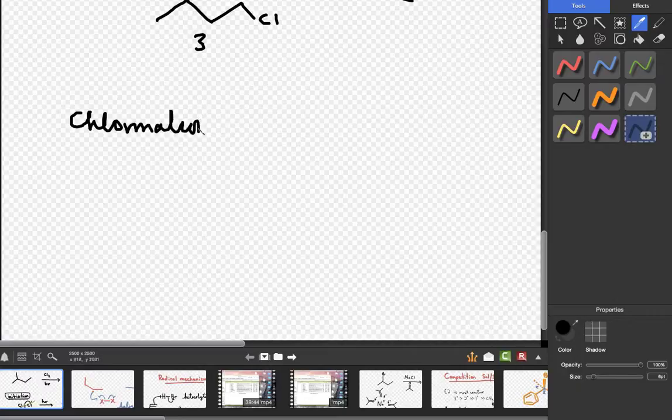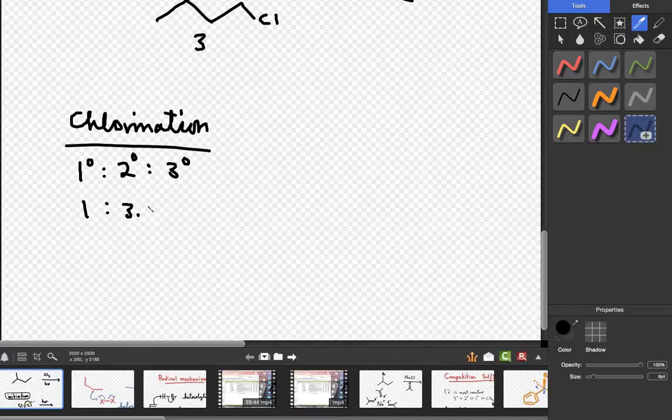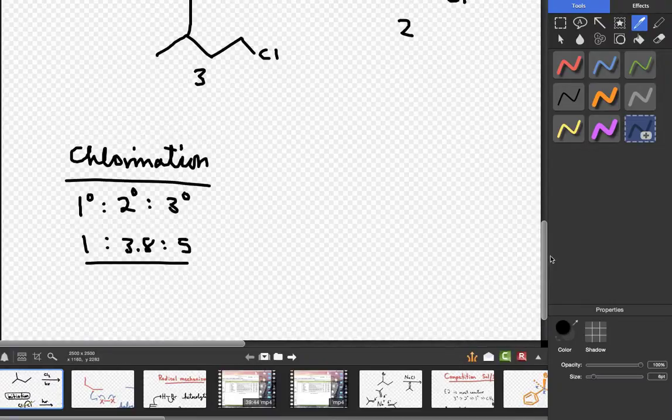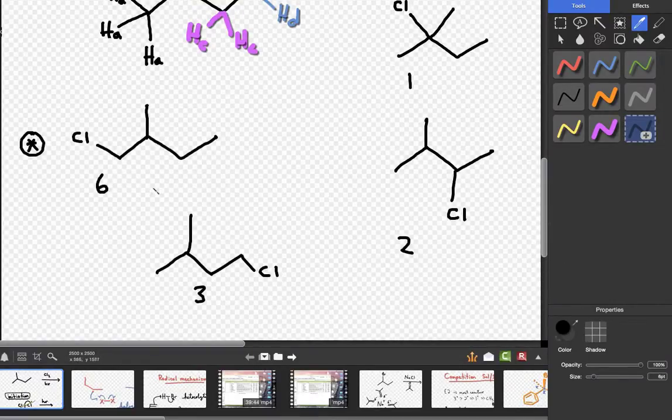there's a selectivity rule. And the chlorination selectivity rule is that primary to secondary to tertiary is 1 to 3.8 to 5. What that means is mathematically, I go back, all these primaries I multiply by 1.